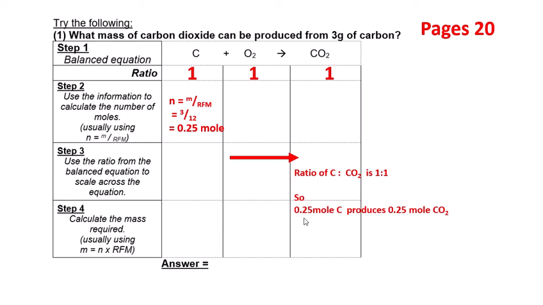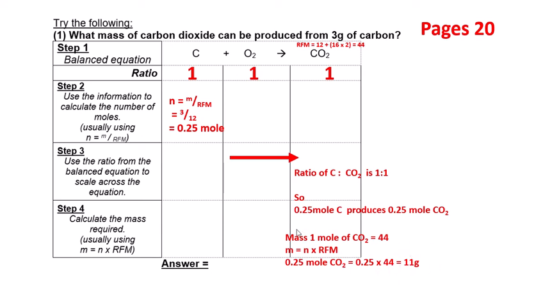So 0.25 moles of carbon produces 0.25 moles of carbon dioxide. And then what we need to get is the mass of that carbon dioxide. Up here at the top, you'll see we've worked out CO2: 12 for carbon, oxygen 16 multiplied by 2. So 1 mole of carbon dioxide is 44. So then the mass of 0.25 mole is going to be 44 times 0.25, which gives us 11 grams.